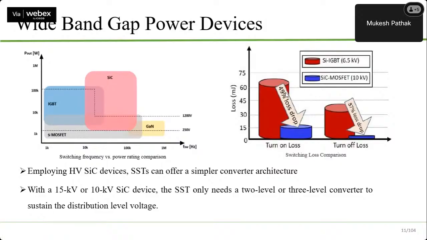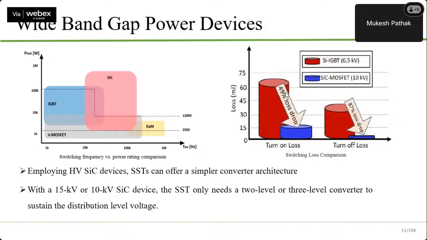There is almost a 49% reduction in the turn on loss and 90% reduction in the turn off loss. So this represents a very significant drop in switching loss. That means SiC devices can be operated at very high frequency without causing excessive loss.